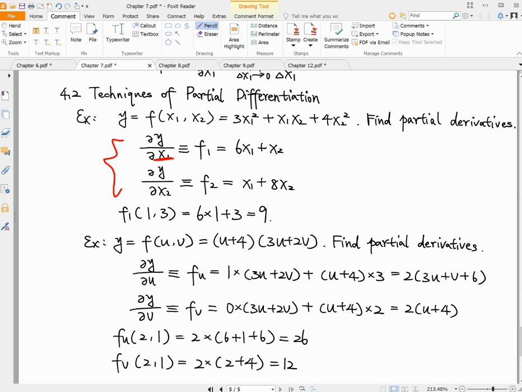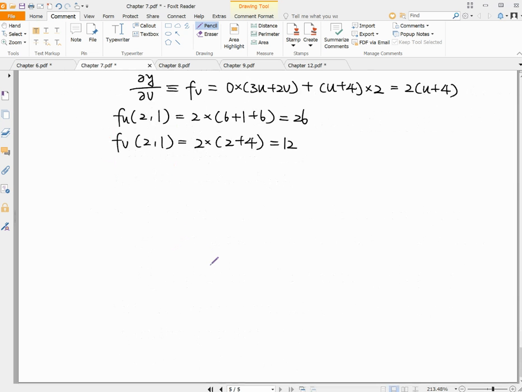Here we have two variables, x1 and x2. If we take the partial derivative with respect to x1, then you treat x2 as a constant. And if you take the derivative with respect to x2, then you consider x1 to be a constant. Okay, and that's it.